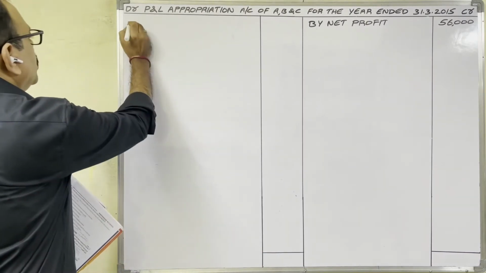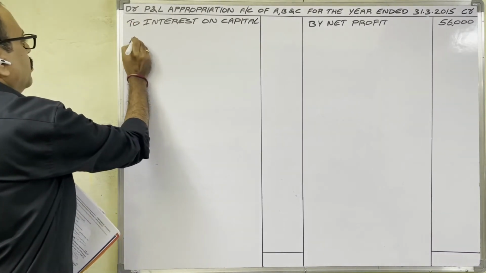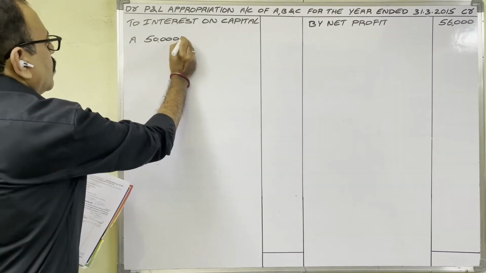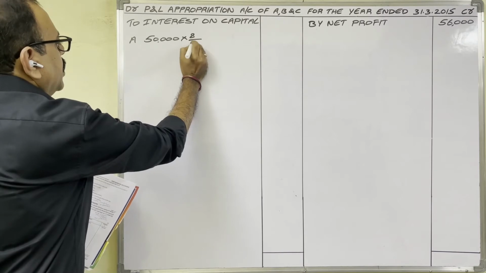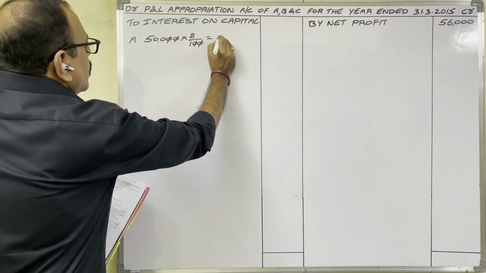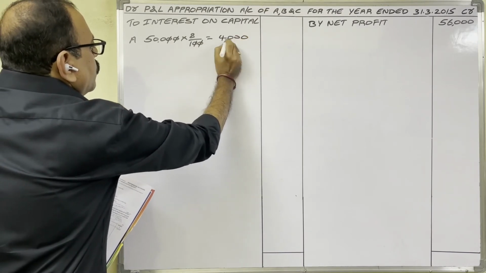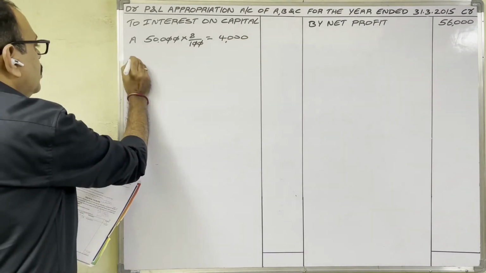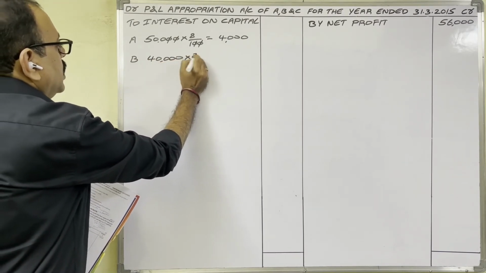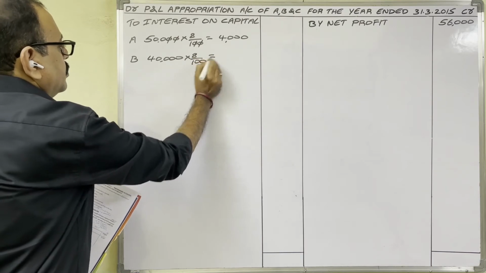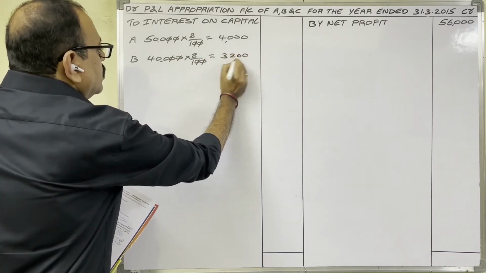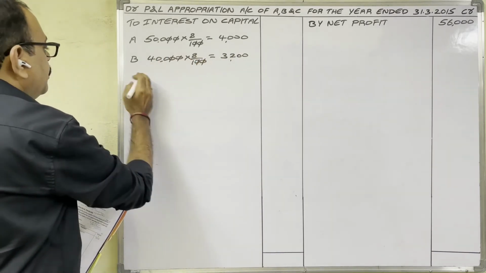To interest on capital. A invested 50,000 rupees capital. On that, 8% interest will be allowed to him. ₹4,000. B invested 40,000 rupees. On that, 8%. 3,200 rupees. 8 into 4, 32.